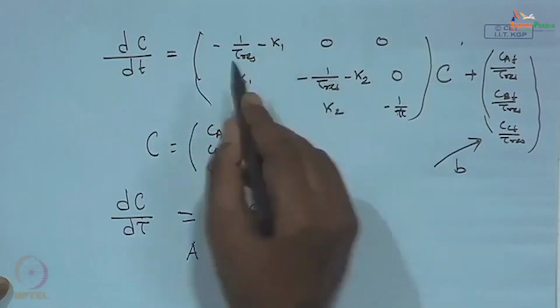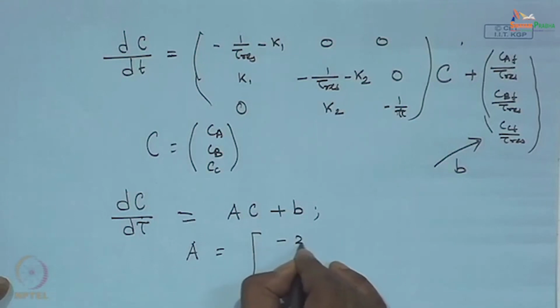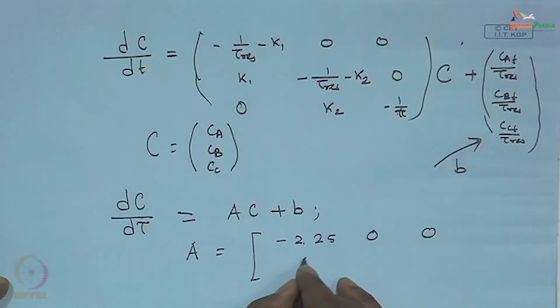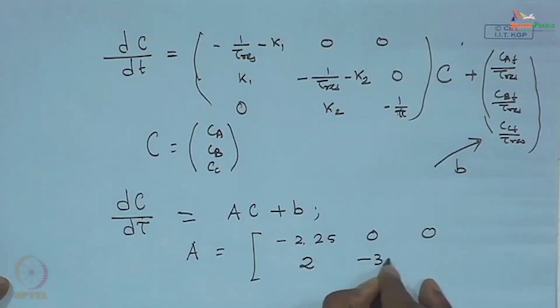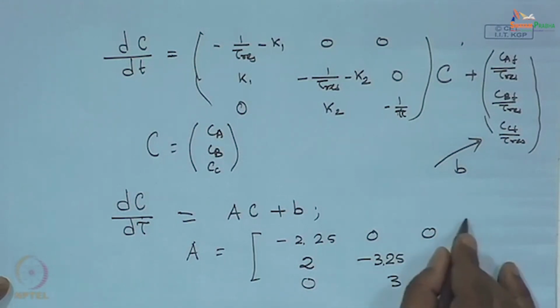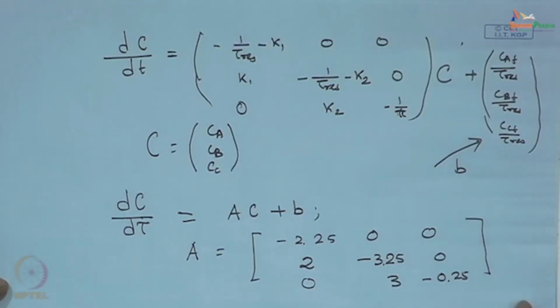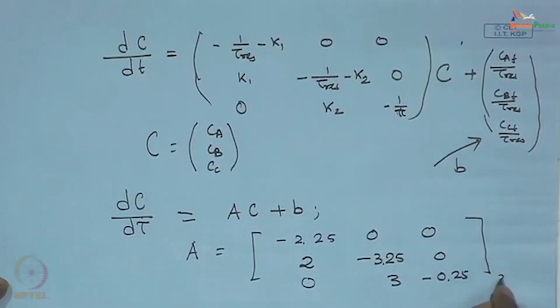So, if you put all the values, this becomes minus 2.25, 0, 0; 2, minus 3.25, 0; 0, 3, minus 0.25. So, you will be landing up with the coefficient matrix like this.